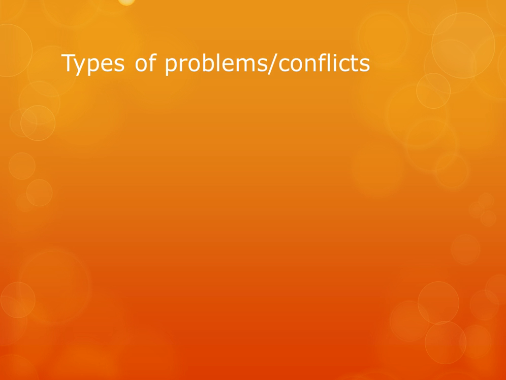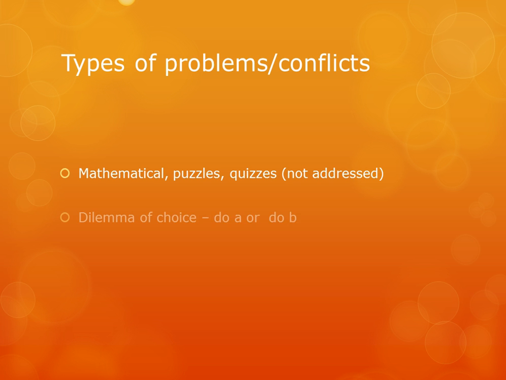So what are the types of problems or conflicts? Well, there are the mathematical puzzles and quizzes, and right up front I want to note that this course doesn't address those particular types of problems. But it does address dilemmas of choice. Should we do A or should we do B?